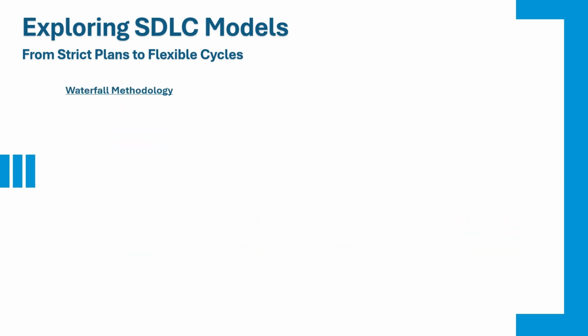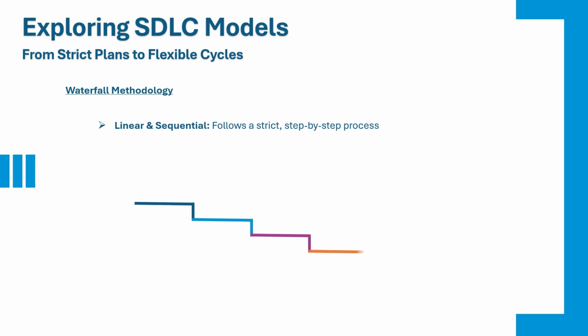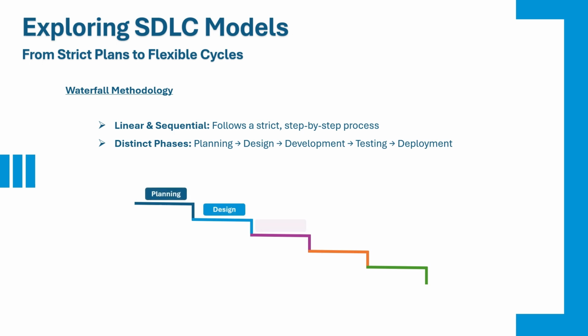Let's start with the Waterfall methodology, one of the most traditional approaches in software development. It's a strict, linear plan with several distinct steps. You move through each phase: planning, design, development, and testing in a fixed order. The key idea here is that you finish one step completely, get it signed off, and only then move on to the next.